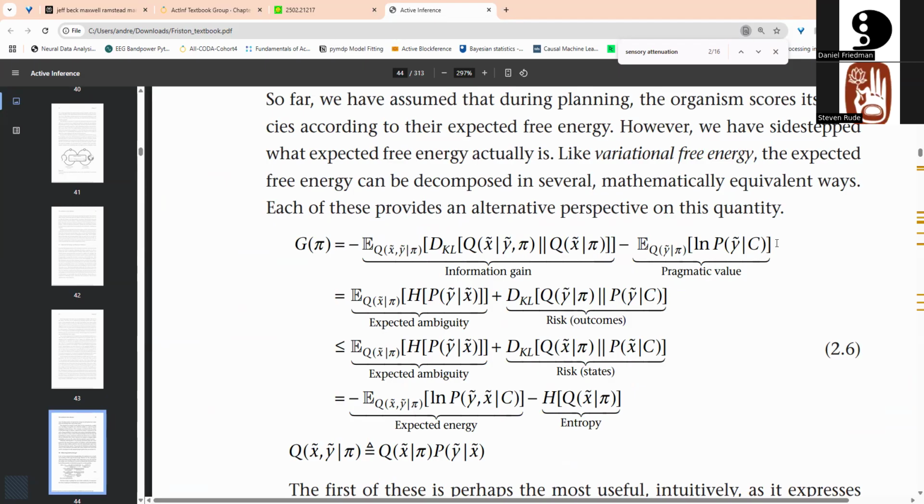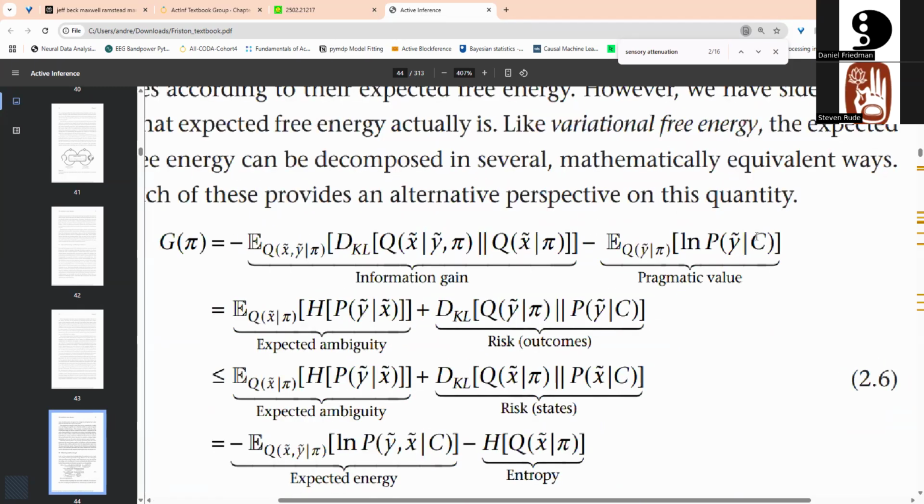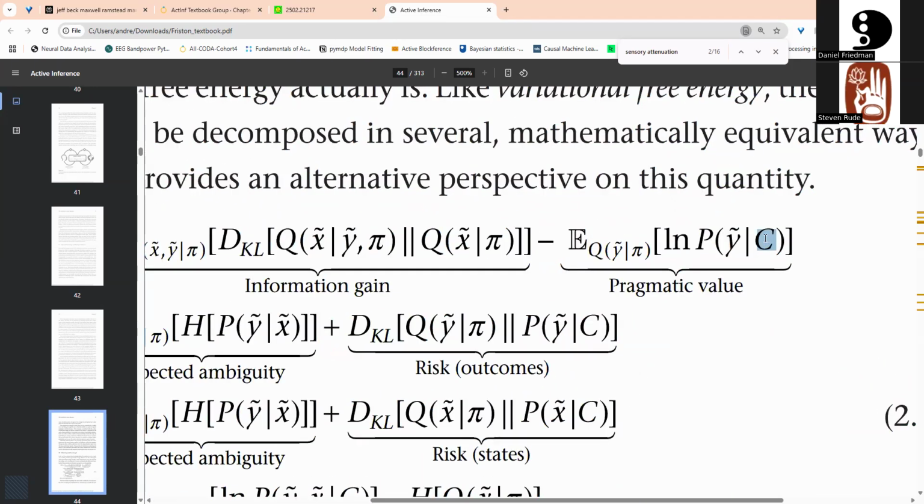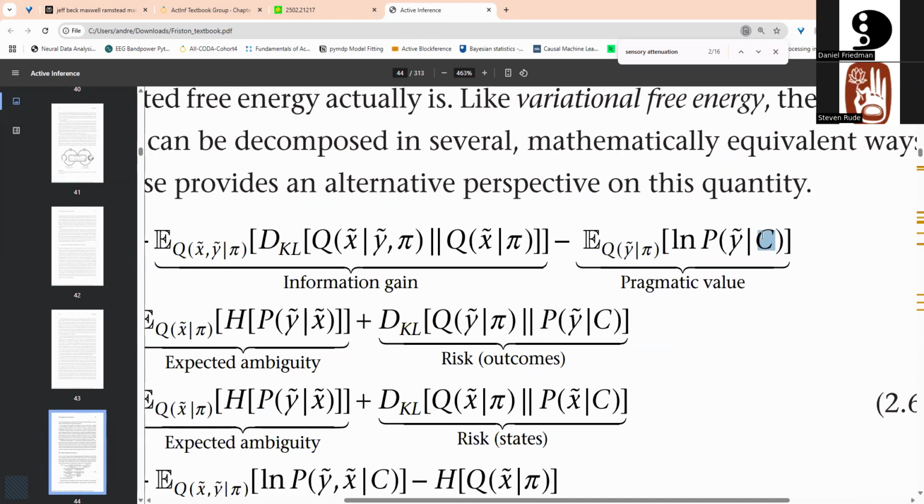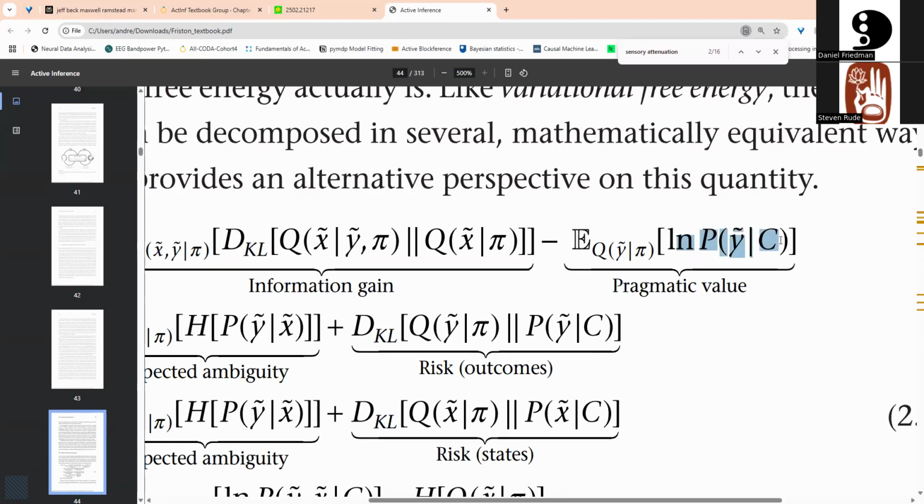C here, from the POMDP model we were looking at for discrete state spaces, in those figures in chapter 8 and chapter 9, is a term denoting your priors over observations. So if we reduce to this, it's like asking what is the probability of this sequence of observations conditioned on the observations I expect.